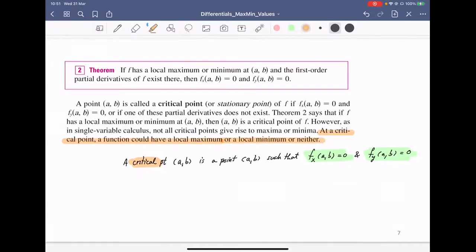When you get a critical point, you have a chance that it will give you max, min, or not max and not min. It could be any case. All right. So how do we know whether it's going to give me max or min or neither?